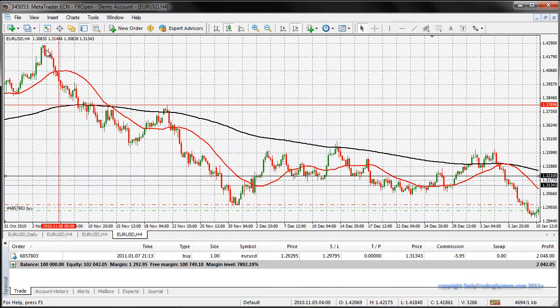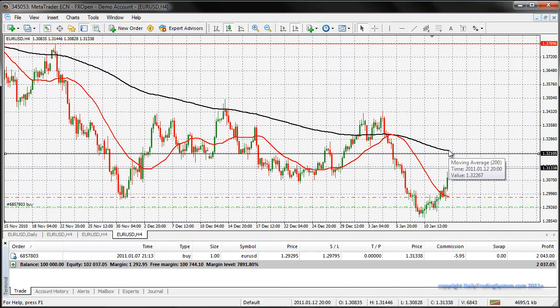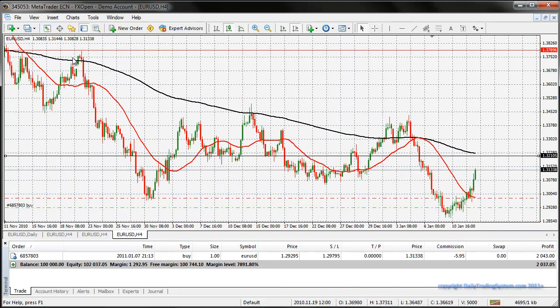Okay, we've had that big downtrend, then we've had our first warning, and then we've had our second warning over here, and we should get a third one, and it should break this 132.10.05 line. But you can use this 200 moving average to really get some large gains.